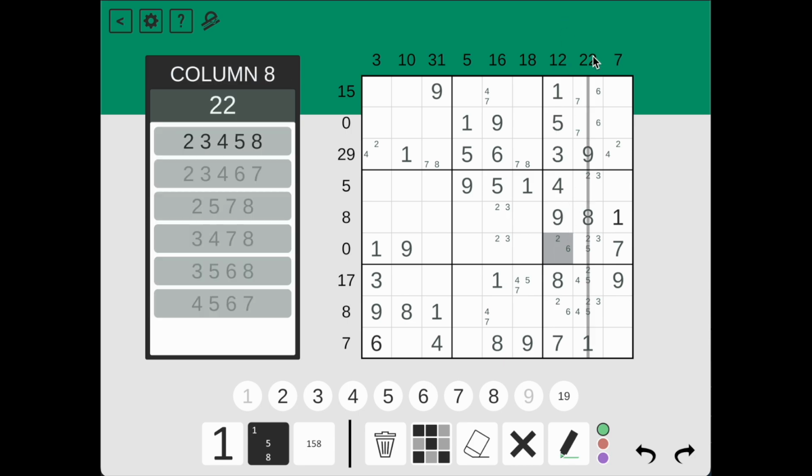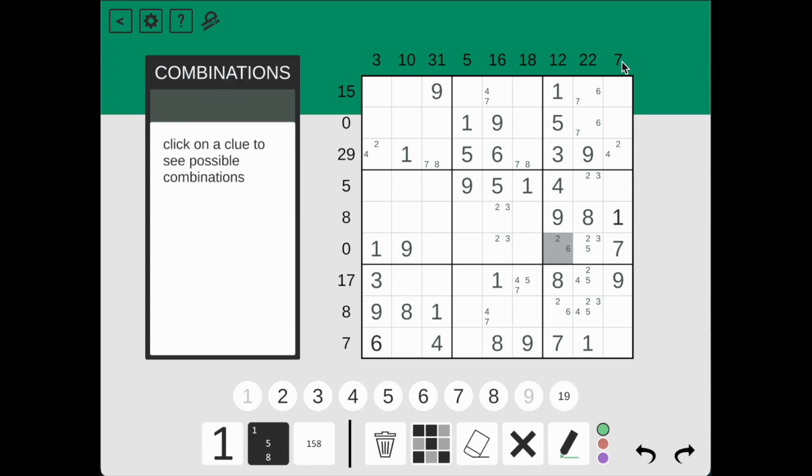Okay. 22. In this square I have 1. One of these could be a 2. 3. One of these could be 4. 5, 6, 7. This is an 8. Okay.